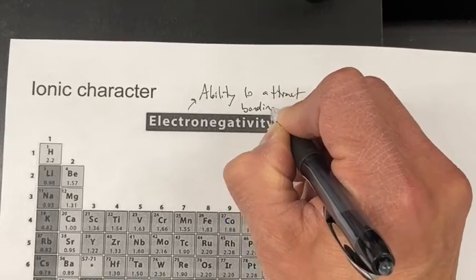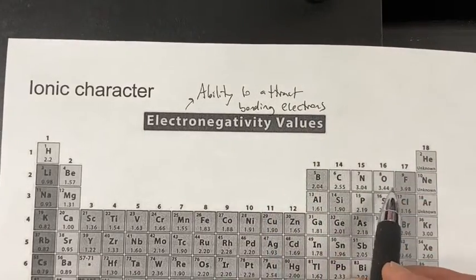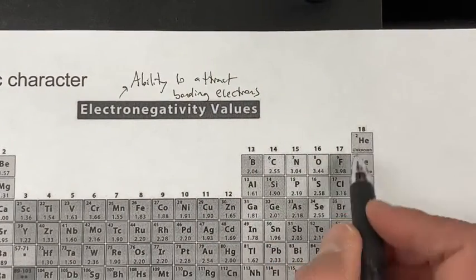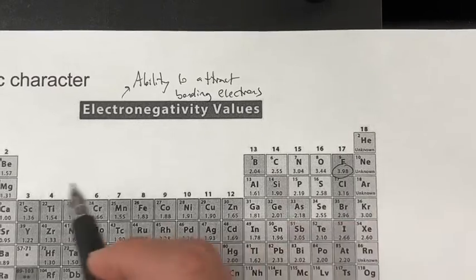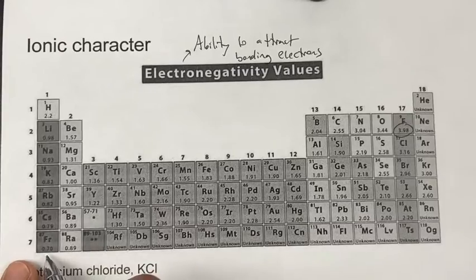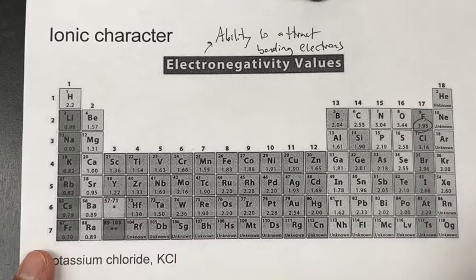If it's a very high electronegativity, like fluorine, which is the highest at around 4, that's going to pull electrons a lot. If it's very low, like francium here, that's not going to pull a lot, and it's actually going to give away electrons.